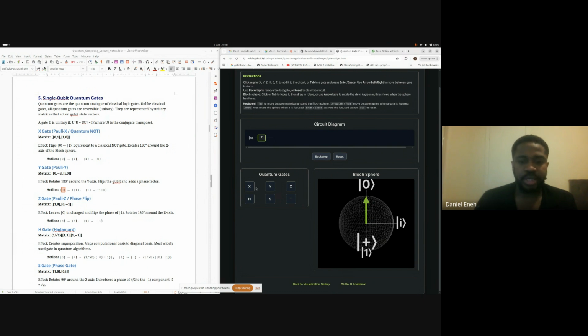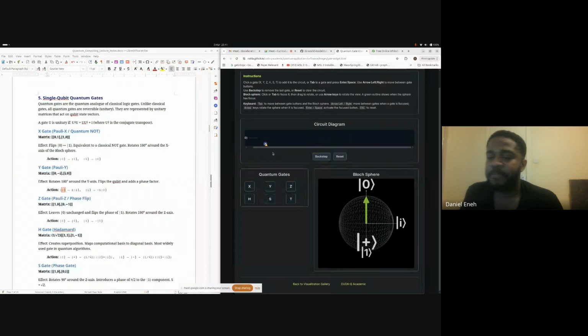Now this playground doesn't allow us to put in 1 as a qubit. So who can tell me what I can do if I want to pass in 1 to Z to see what it will look like? Let me test your understanding.